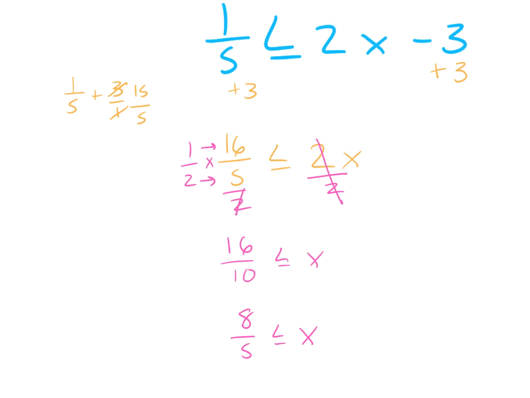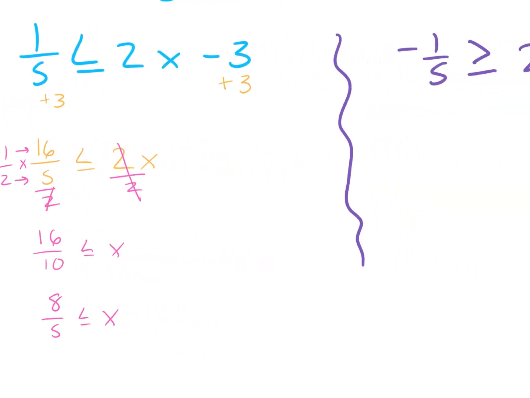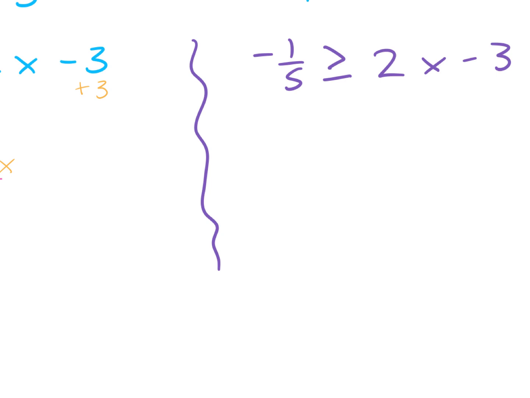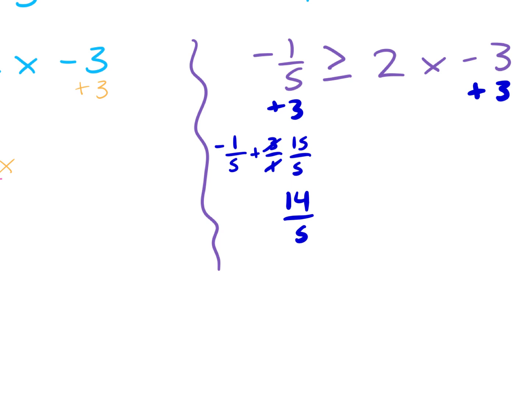Let's do the other half. We're going to do the same thing. So we subtract or add 3 to both sides. So we have negative 1 over 5 plus 3 over 1, which we can make into 15 over 5. Be careful with the signs here. We have negative 1 plus 15, which would be 14 over 5, is greater than or equal to 2x.